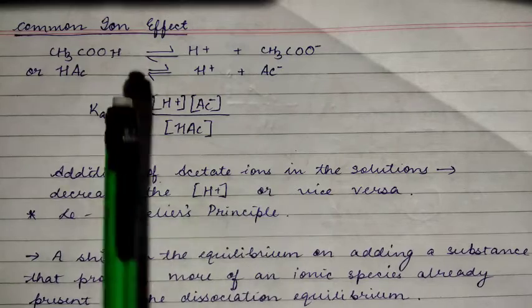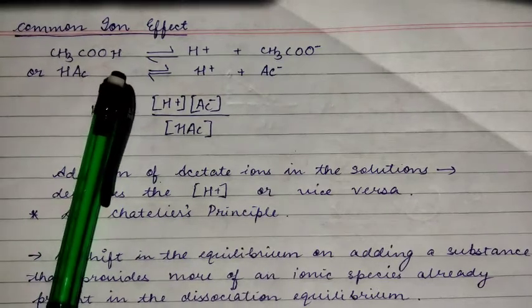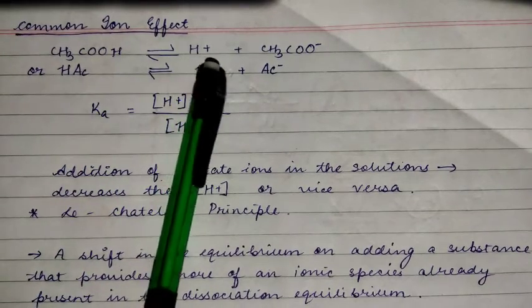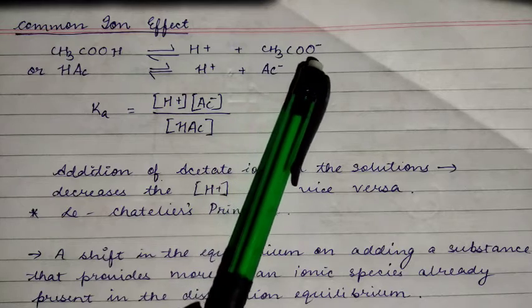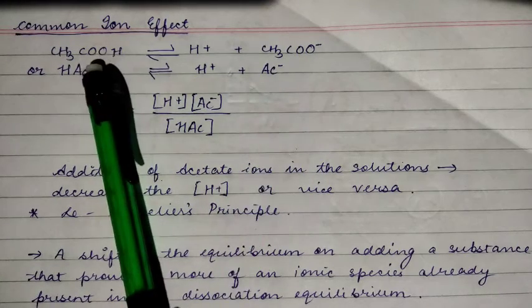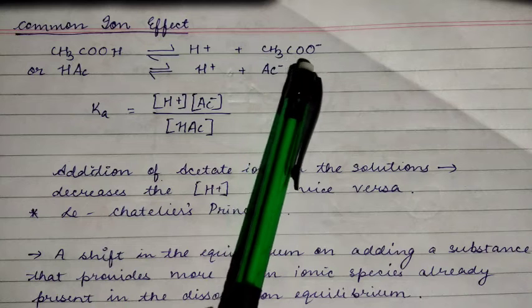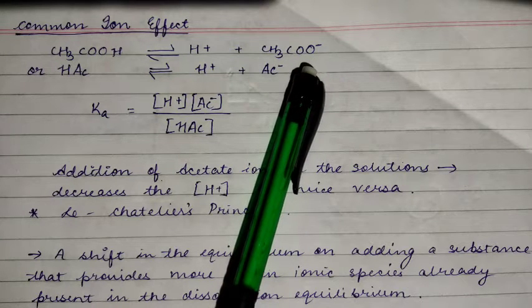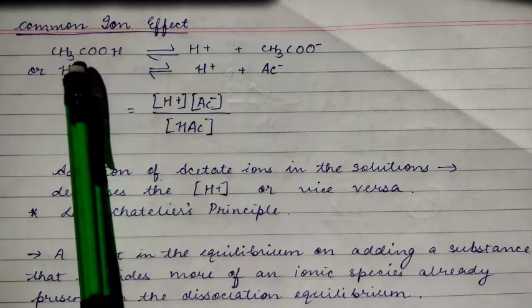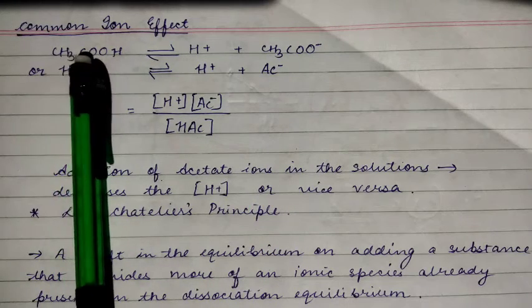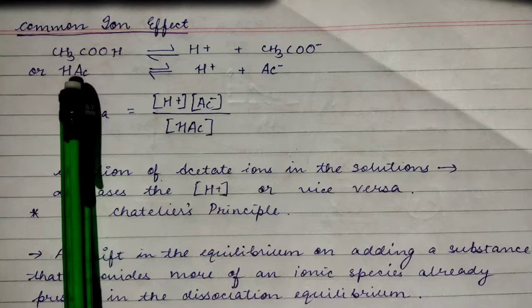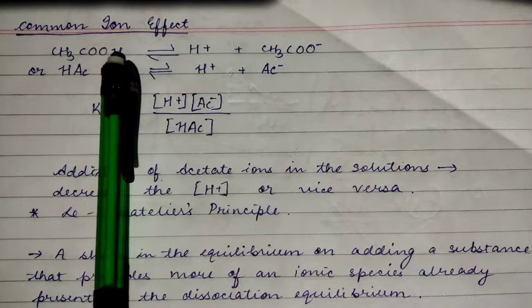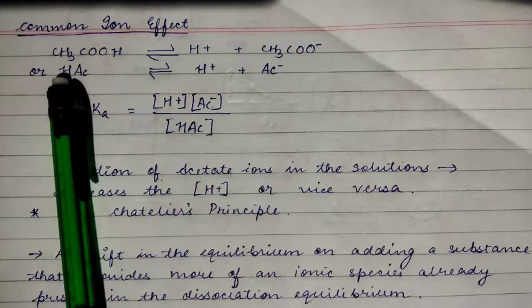For example, let us take acetic acid, which dissociates as H positive and CH3COO negative. For convenience, CH3COO negative is designated as AC, that is your acetate ion here. So this is CH3COO, designated as AC, and H is hydrogen present.